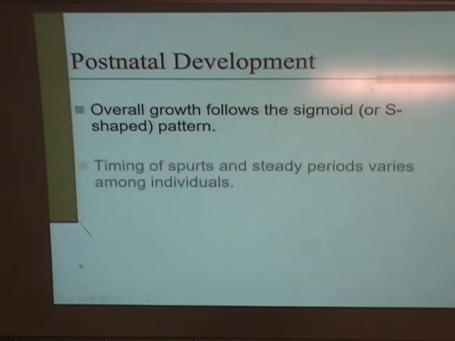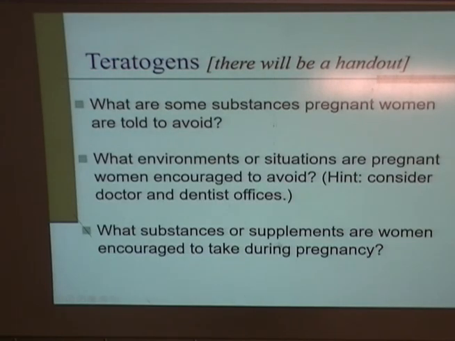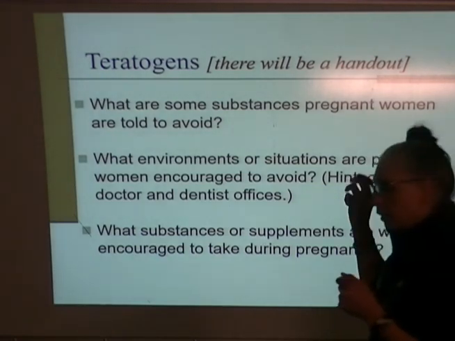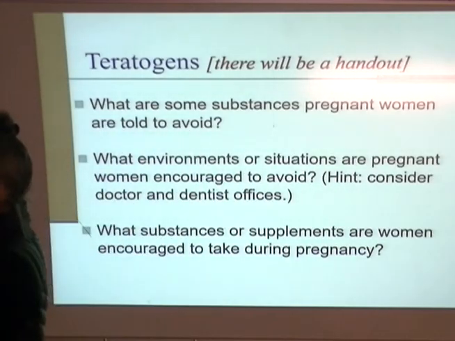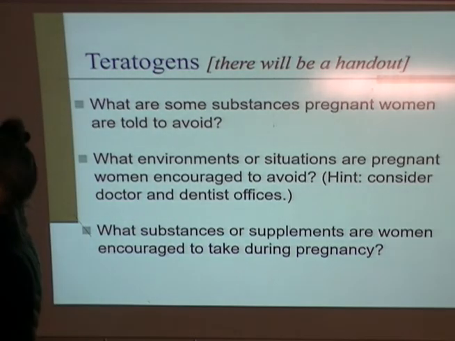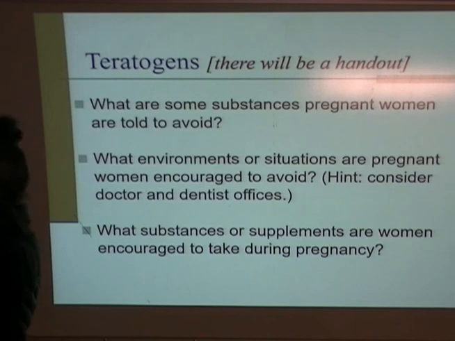So, let me go back just a minute here. Since you asked that question, Neri, the PowerPoint that is up on Blackboard has a lot more details. For example, about the impact of smoking and the impact of alcohol, the impact of aspirin and over-the-counter drugs, illegal drugs. Alcohol is a biggie.